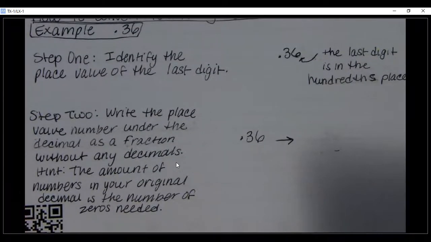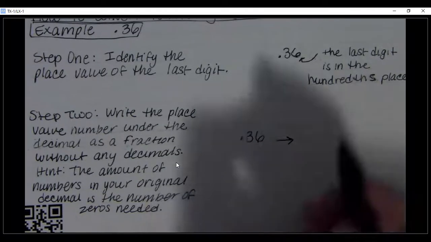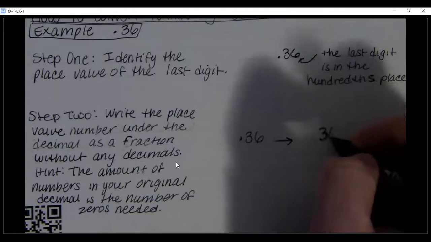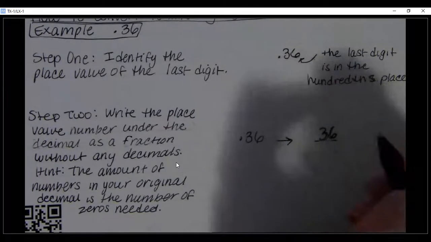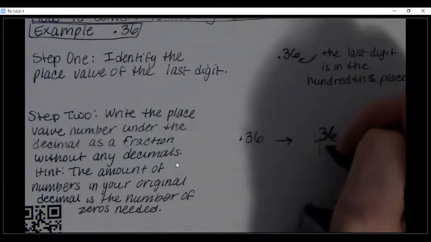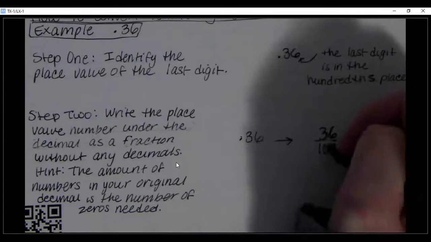Step 2, write the number under the decimal as a fraction without any decimals. So we have 36. 36 is going to be our numerator. That is the number that the fraction has. And now as our denominator, we're going to use that place value. We have hundredths, so I am going to write 100 underneath my 36 as my denominator.